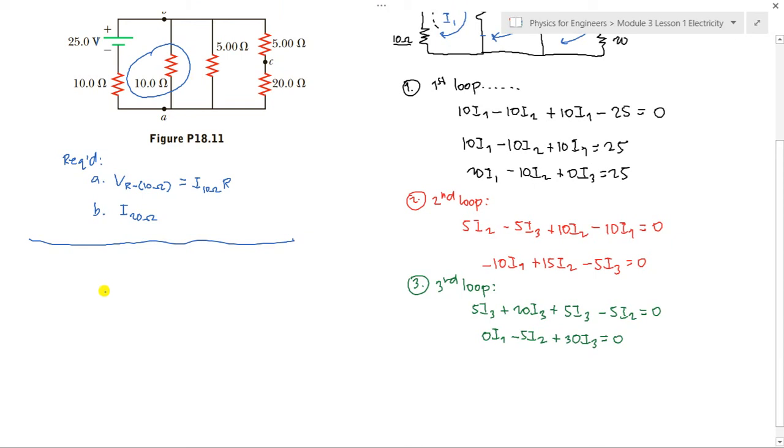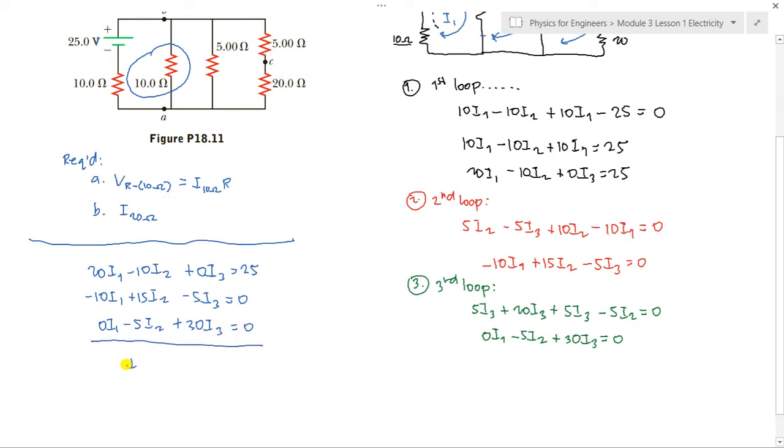So rewriting the 3 equations, we have 20 I1 minus 10 I2 plus 0 I3 is equal to 25. Next, we have negative 10 I1 plus 15 I2 minus 5 I3 is equal to 0. Next, we have 0 I1 minus 5 I2 plus 30 I3 is equal to 0.